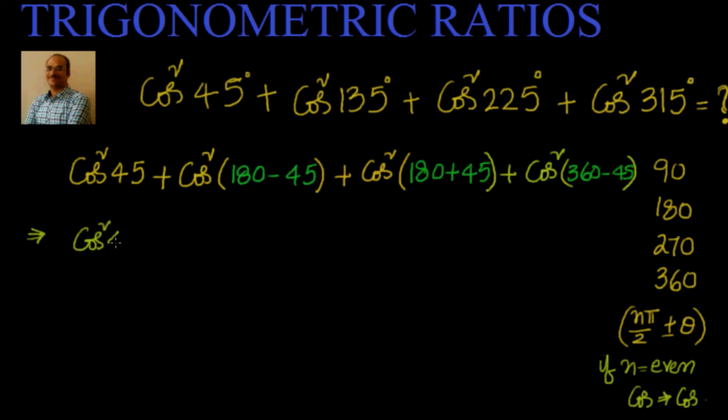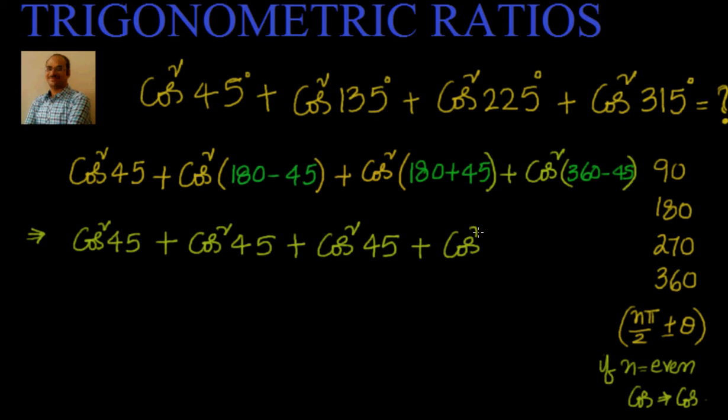cos square 45 plus cos square 45 plus cos square 45 plus cos square 45. That is nothing but equal to 4 into cos square 45.